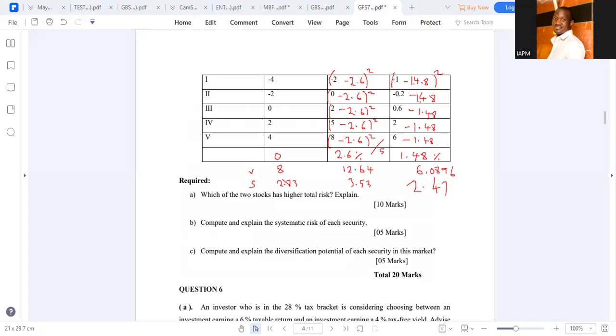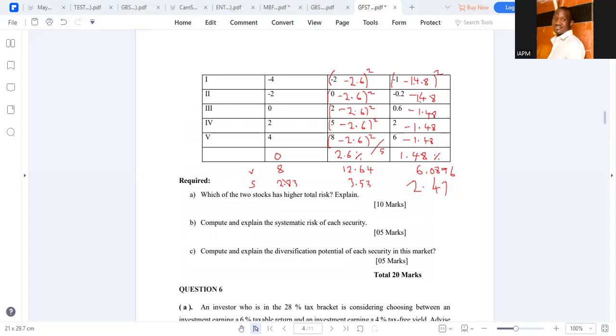Systematic risk is measured by beta, and beta measures how much the stock's return moves in the direction of the market. How do you calculate the beta? It's the covariance of the security and the market divided by the variance of the market. Correct.